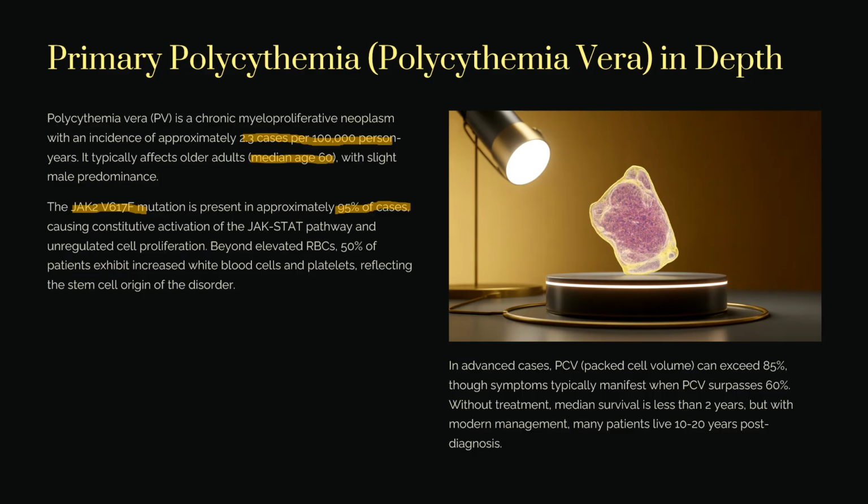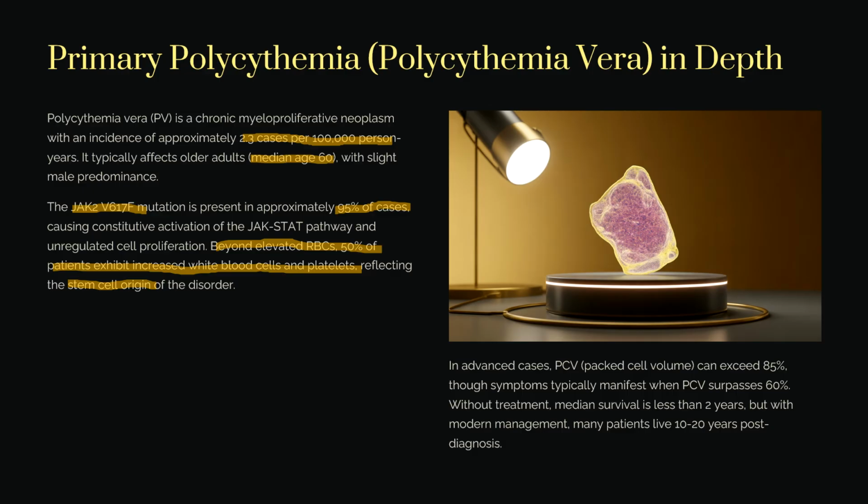Beyond elevated RBC, 50% of patients exhibit increased white blood cells and platelets also, reflecting the stem cell origin of the disorder. When there is a problem in the bone marrow stem cell, which gives rise to different types of cell lines, there will be a huge amount of RBC, along with the other cells also produced in higher range.